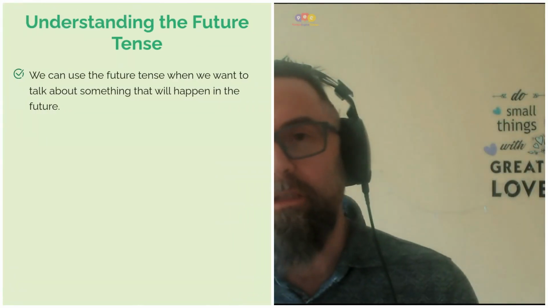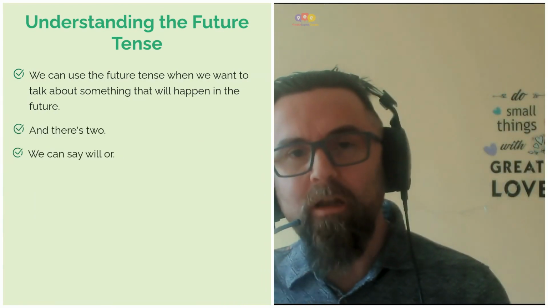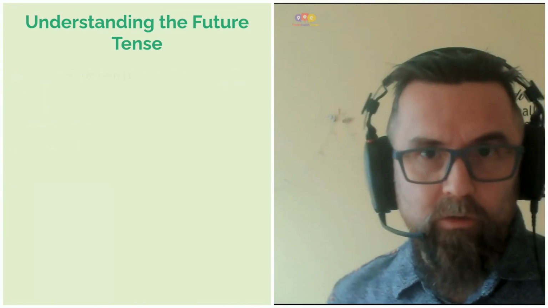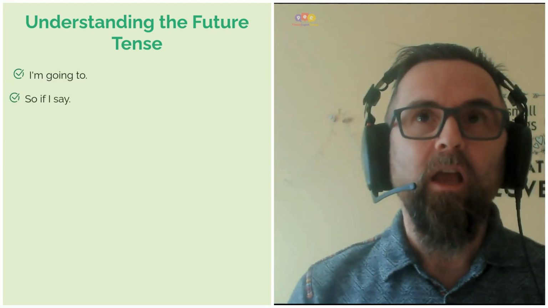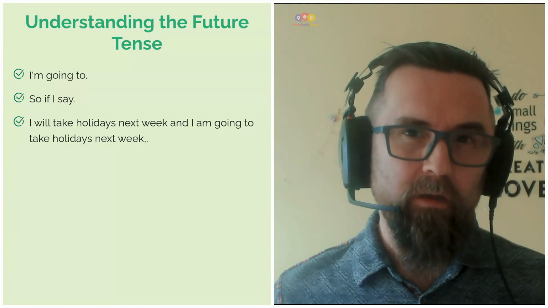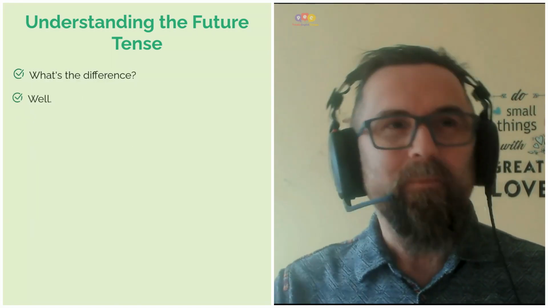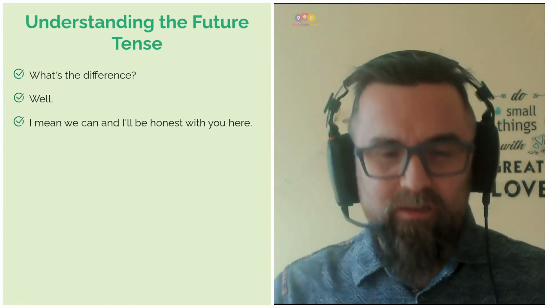We can use the future tense when we want to talk about something that will happen in the future. And there's two. We can say will or I'm going to. Okay? So if I say I will take holidays next week and I am going to take holidays next week, what's the difference? Well, I'll be honest with you here.